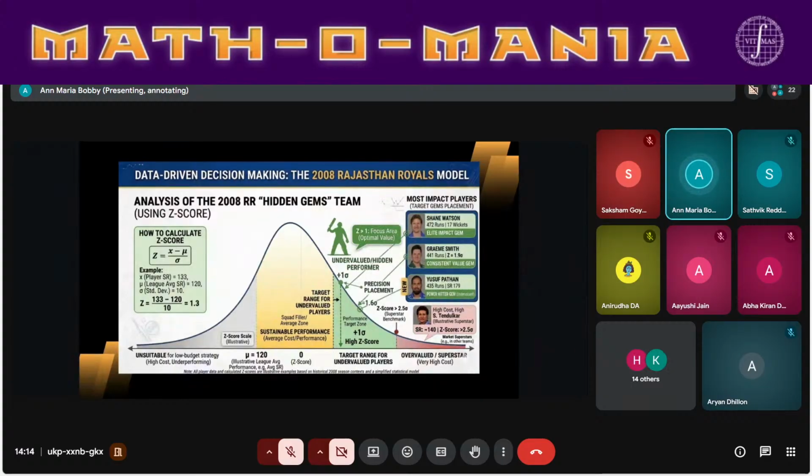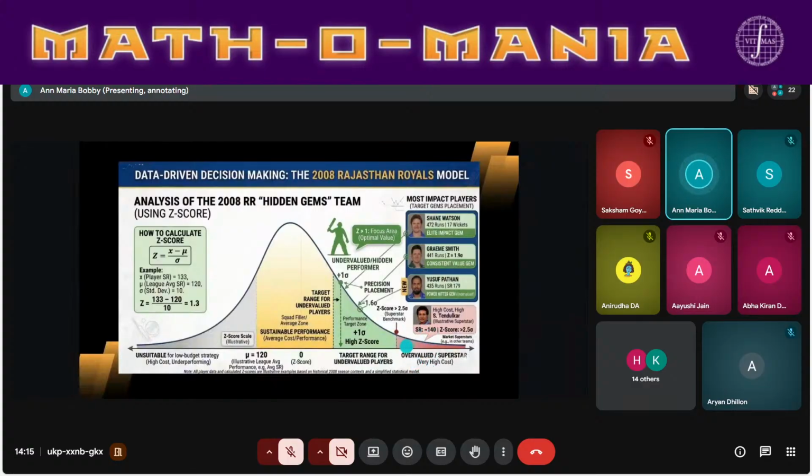So if a player has a strike rate of 130 and the league average is 120 and the standard deviation is 10, then the Z score can be calculated as 130 minus 120 divided by 10, which is 1.3 sigma. So that's how we calculate Z score.